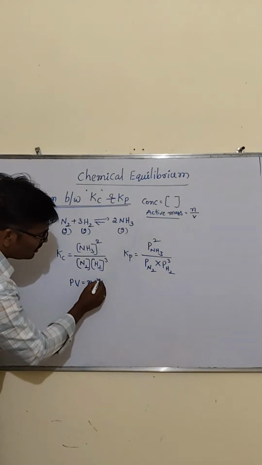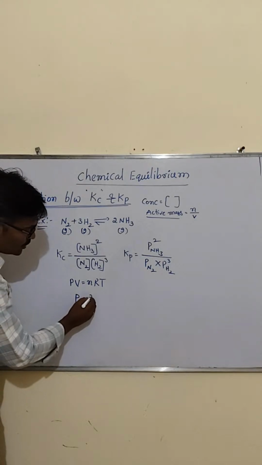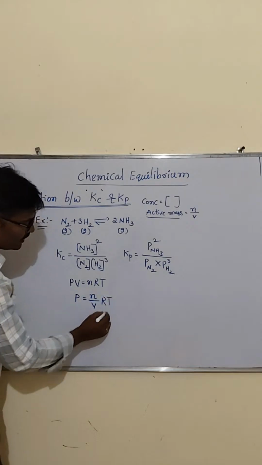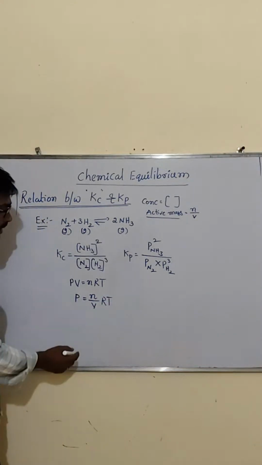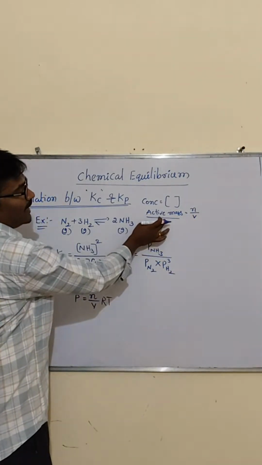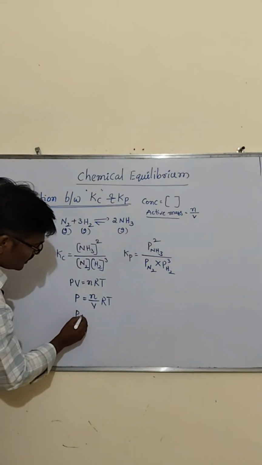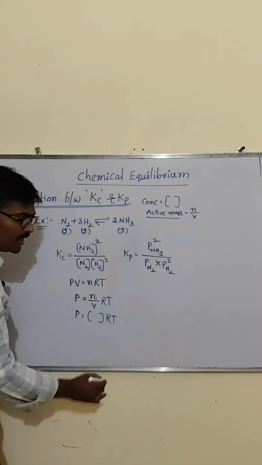So pressure equals number of moles divided by volume into RT. Number of moles divided by volume is what I told you, active mass, which is nothing but the concentration. So pressure equals active mass or concentration into RT.